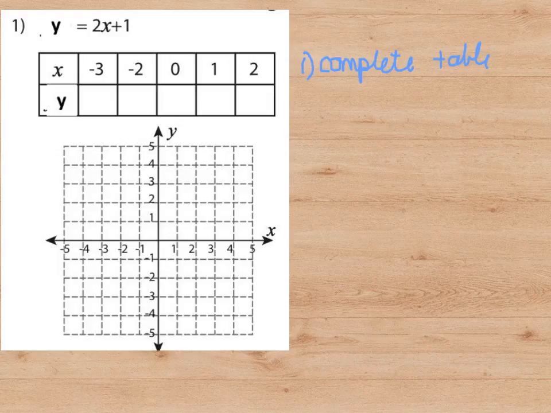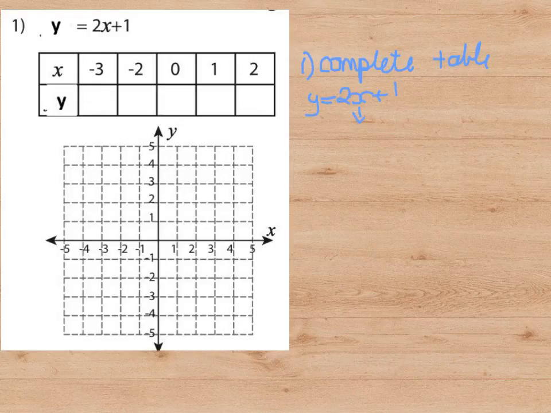So in this case, you have this x here is -3. But what you're looking for here is, what is this y? What is the y when x is -3? So we're going to take the rule that you're given, y is equal to 2x plus 1, and you're going to say, okay, what if I replace this x with what is given to me in here?